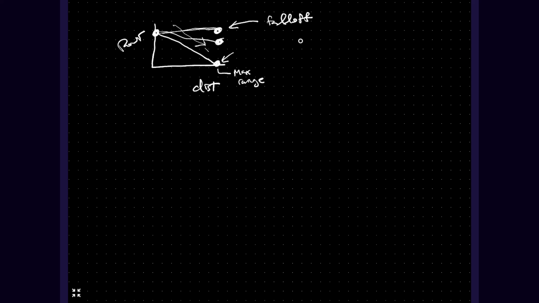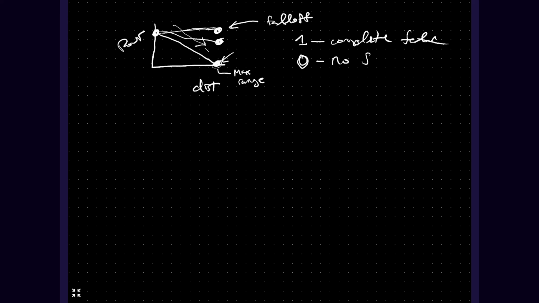And it'll actually be inverted. So a value of 1 means it falls off completely. So complete fall off. And then a value of 0 is no fall off.